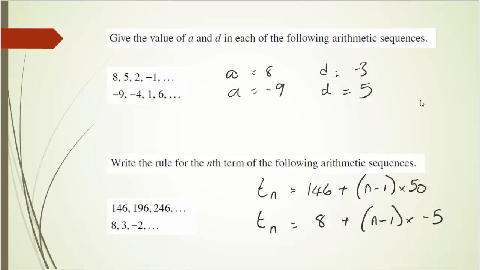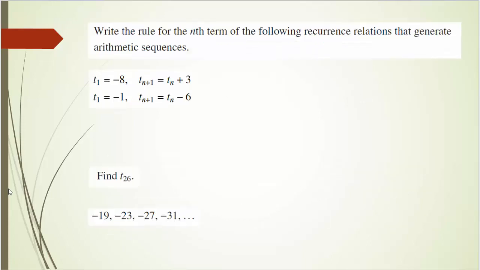So in those examples, if you're given a sequence, you can identify the first term and the common difference and write a general rule for finding any term in that sequence, whether you want the 10th, the 100th, the 1000th, the millionth, or whatever. If you're given a sequence as a recurrence relation, as you are in these two examples at the top here, you can still find the rule for the nth term.